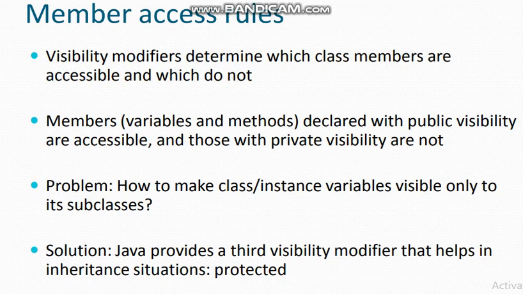This is what we have done till now. Those with private visibility are not accessible. So if you want to make class or instance variables visible only to its subclasses, how can it be done? It can be done with the third visibility modifier, called protected.